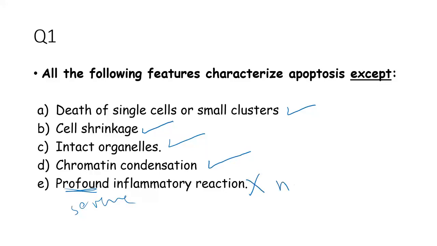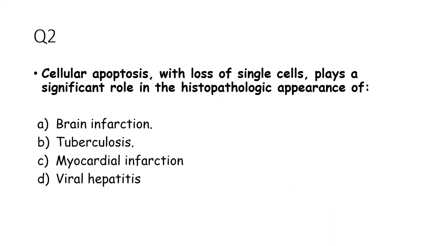Intact organelles with apoptosis. Chromatin condensation, pycnosis, karyorrhexis with apoptosis. Profound means severe. Inflammatory reaction, this is not apoptosis, this occurs with necrosis. We have minimal or no inflammatory reaction. So the answer is profound inflammatory reaction. So we have to choose this one.